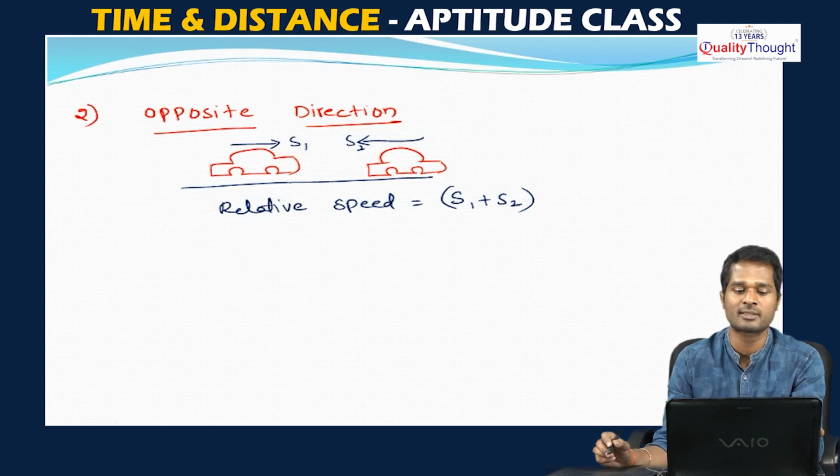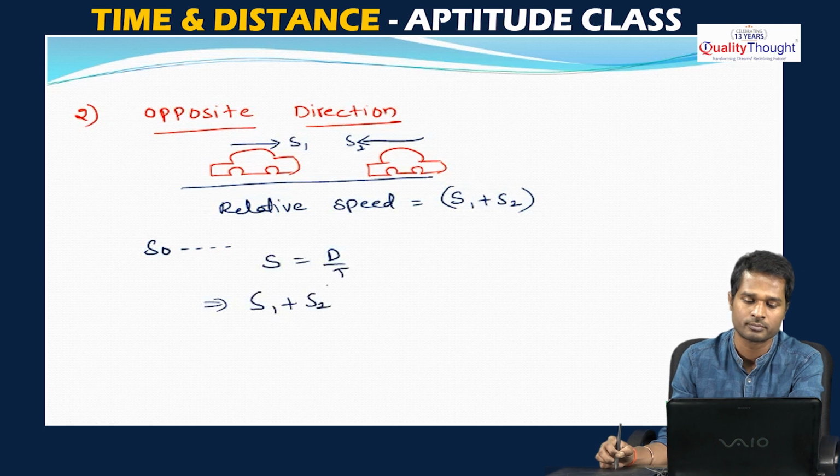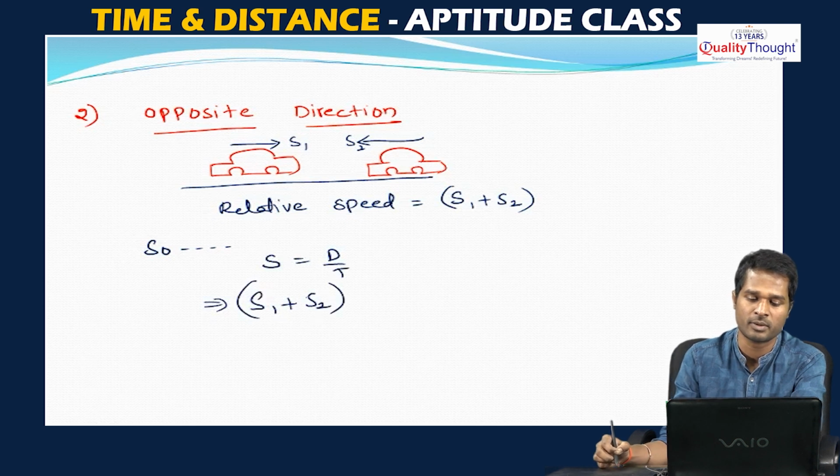But when both the vehicles are moving in the opposite direction, the relative speed will be the sum of their speeds. So s is equal to d by t will become s1 plus s2 is equal to d by t.